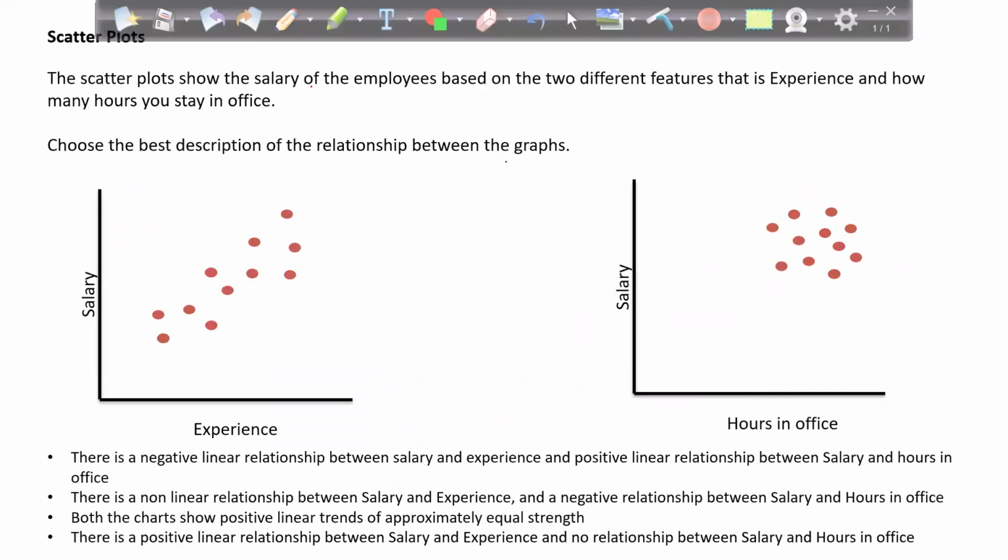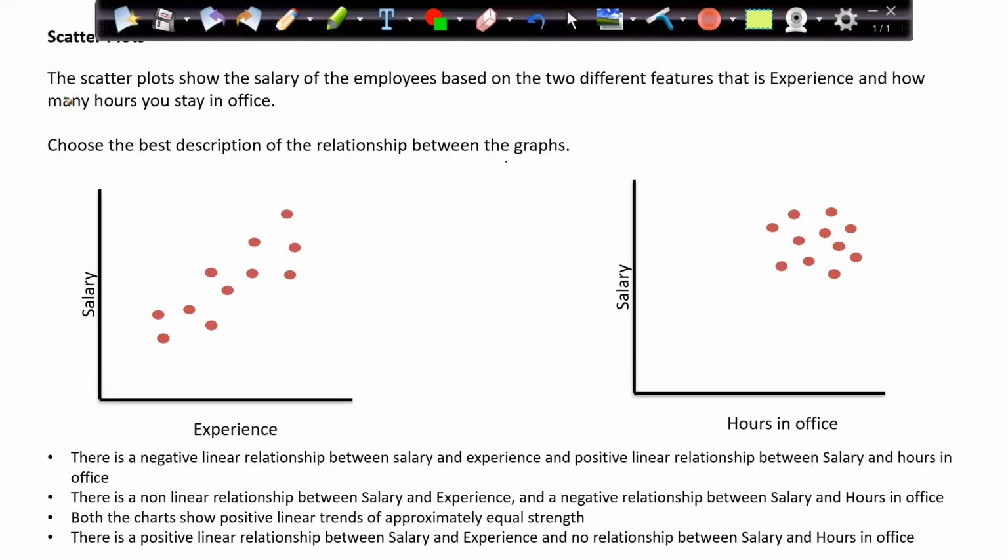Here is another question. The scatter plots show the salary of the employee based on two different features, that is experience and how many hours you are staying in the office. Choose the best description of the relationship in the graphs. This is my first chart showing the experience and the salary.